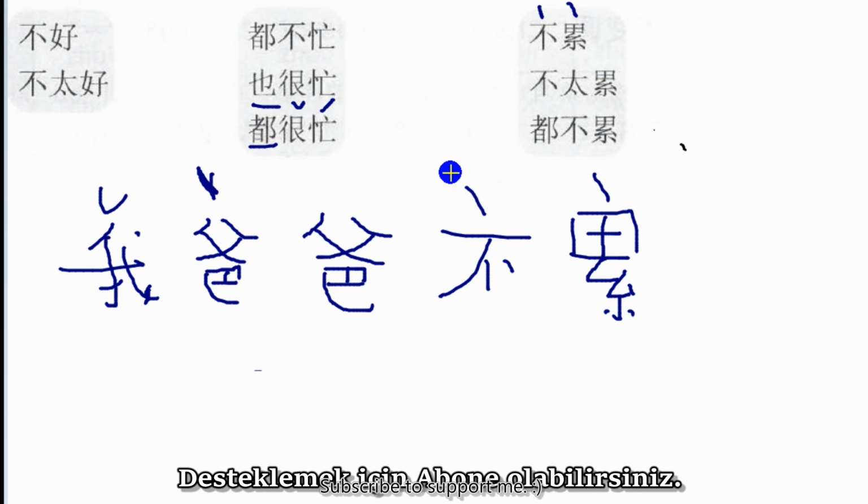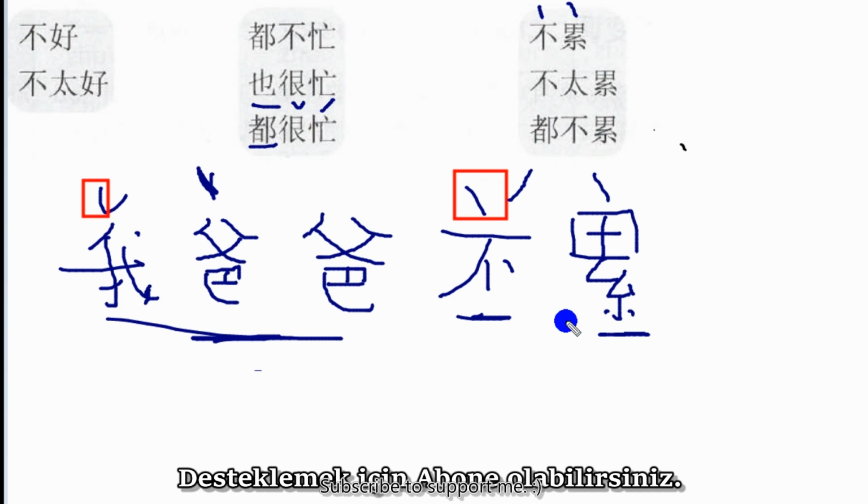Here this fourth tone becomes the second tone because lei is fourth tone, and we also use half third tone. So let's read this. 我爸爸不累, My father is not tired. Okay. We learned this sentence too.